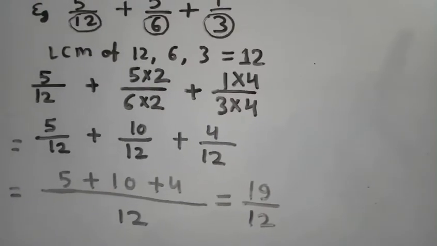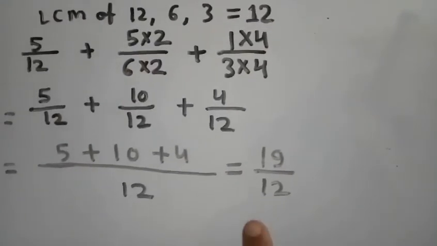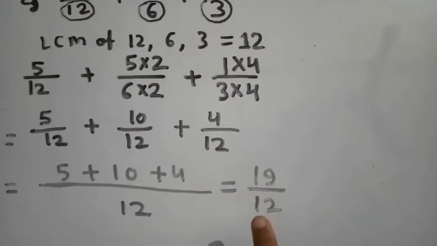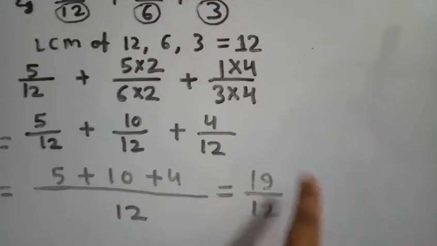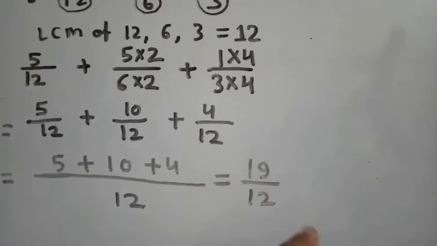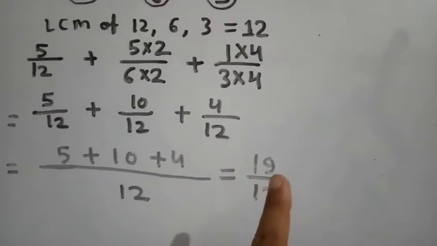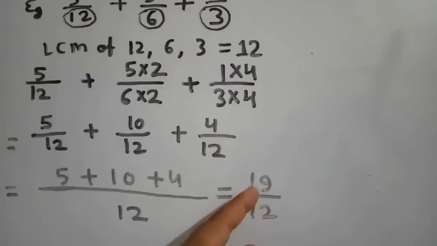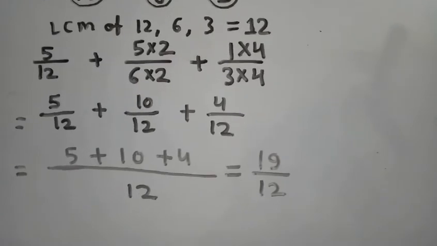So student, the last and very crucial step of this segment is to convert the fraction to its lowest form. Whenever it is an improper fraction, convert it into a mixed fraction. Otherwise, if it is a proper fraction, you must convert it to its lowest form. The HCF of numerator and denominator will be 1.